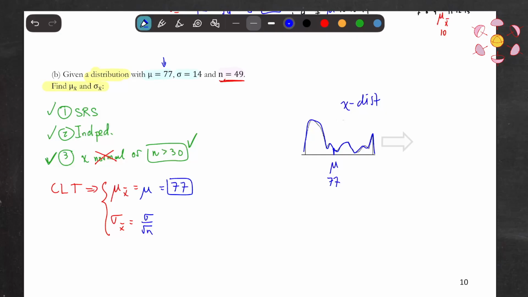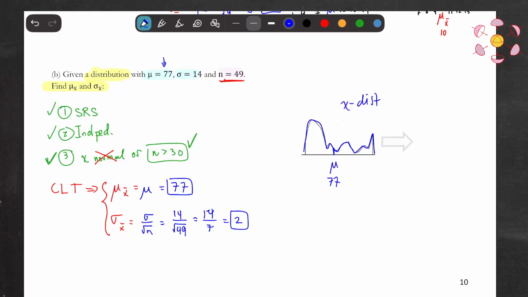For the standard deviation of the sampling distribution, it's 14 divided by the square root of 49. Now, the square root of 49 is 7. So these numbers are cooked up a little bit. 14 divided by 7 is 2. Unless I am very bad with my arithmetic this morning. Nope, I'm correct.